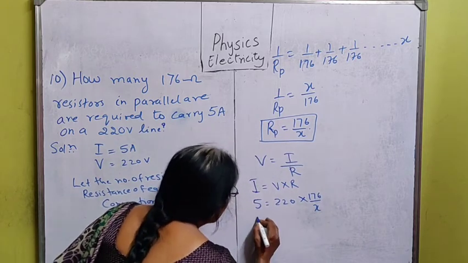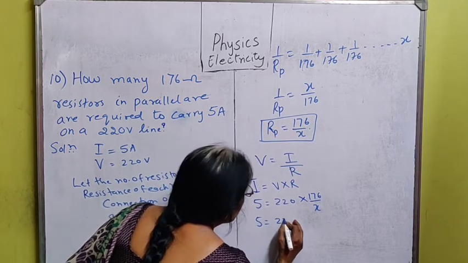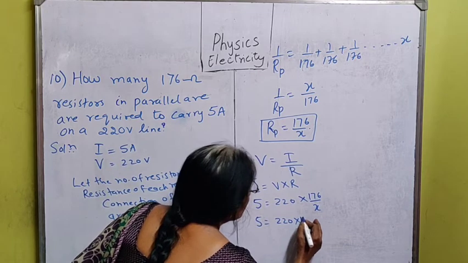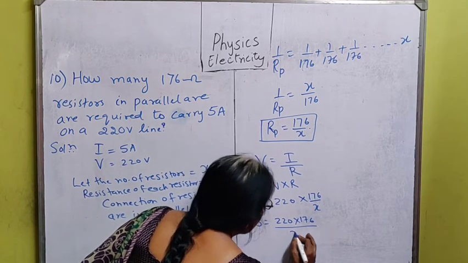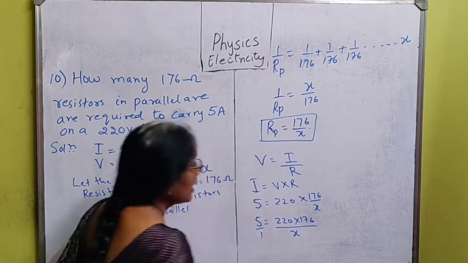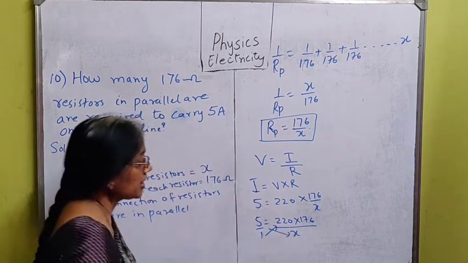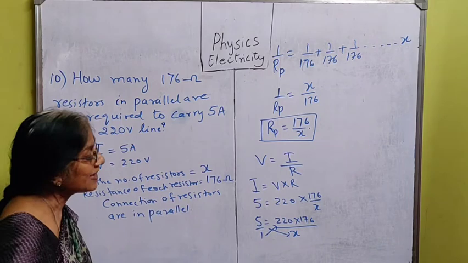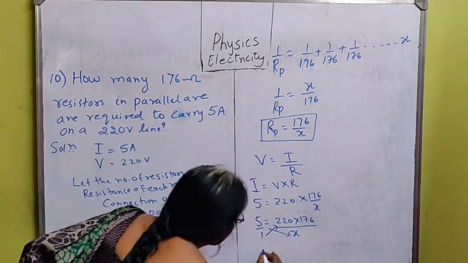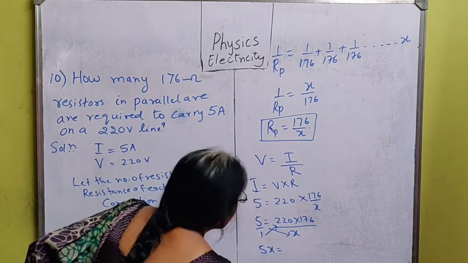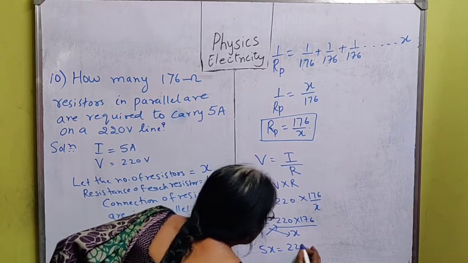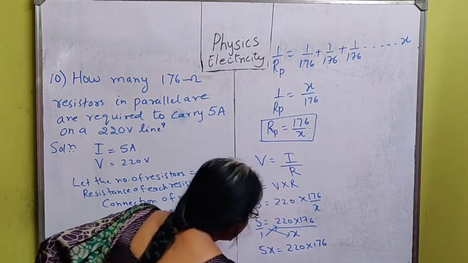That means 5 into 176 whole divided by x equals 220, with 1 below the 220. So we will do cross multiplication. We won't multiply, we will keep it as it is. So what will we get? 5 into 176 is equal to 220 into x.